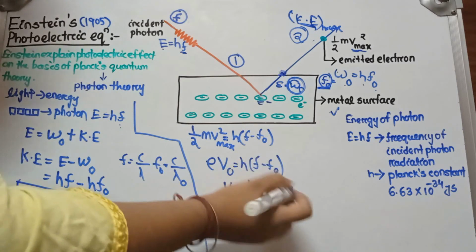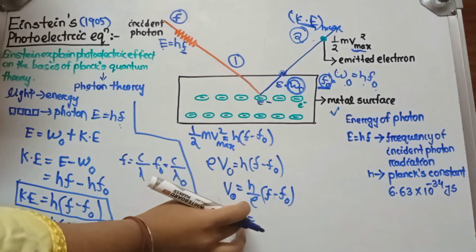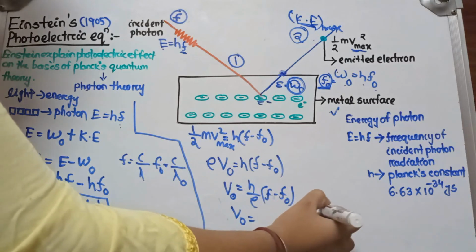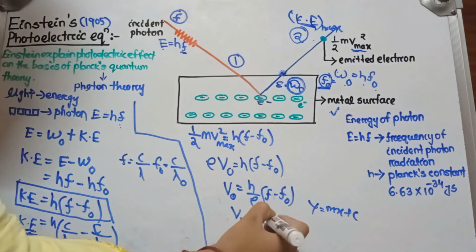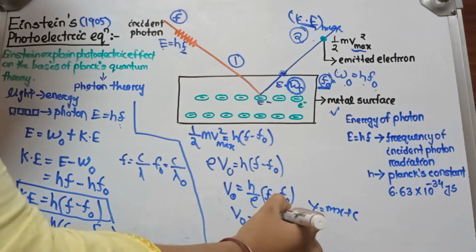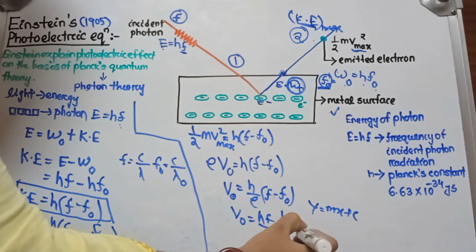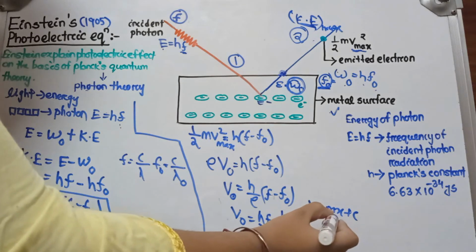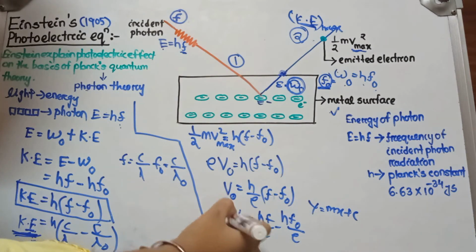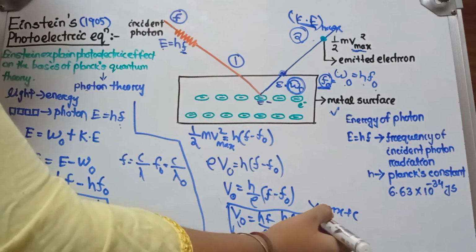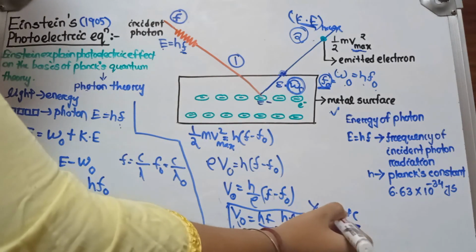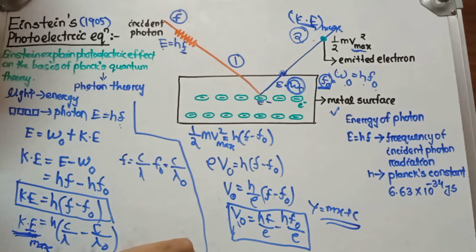Take this equation in the form of y equals mx plus c. So V0 equals hf by e minus hf0 by e, which gives the equation of a straight line, y equals mx plus c.